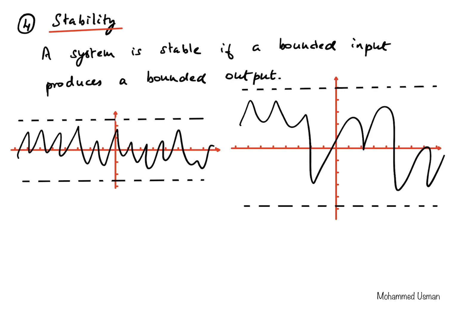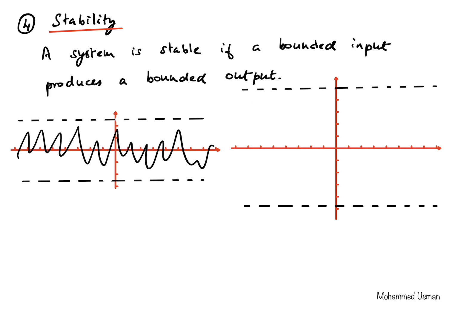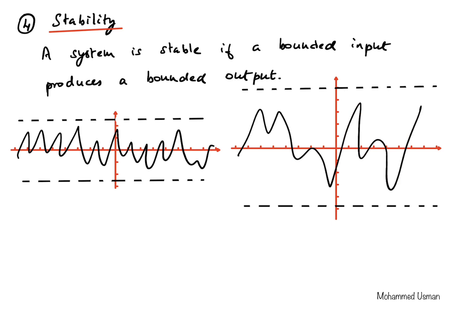So it is bounded between these limits here. So let me redraw that a bit properly. One more time. So it's some arbitrary output coming from the system given this particular input signal. So if the input is bounded by some limits, then the output is also bounded by some limit, and that is what we call a stable system.